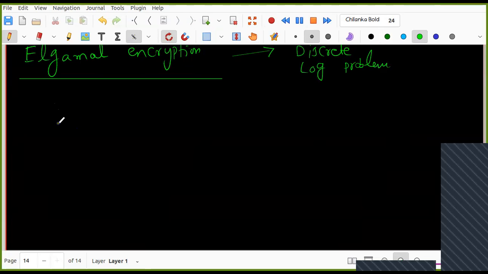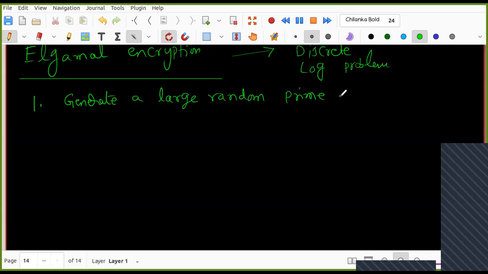Each entity creates a public and corresponding private key. As usual, I am not writing that part. Here, step one is not two primes, only one prime now. Generate a large random prime p, and a generator alpha for Zp star.